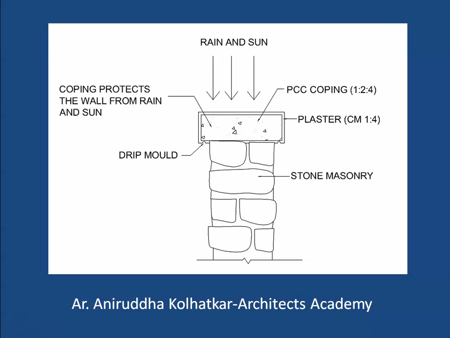It will also be normally plastered over with a cement mortar plaster to give it a finishing surface. The plaster will normally be of a proportion of 1:4. The plaster will be having a drip mold at the bottom. What is a drip mold we'll see slightly further in the presentation.